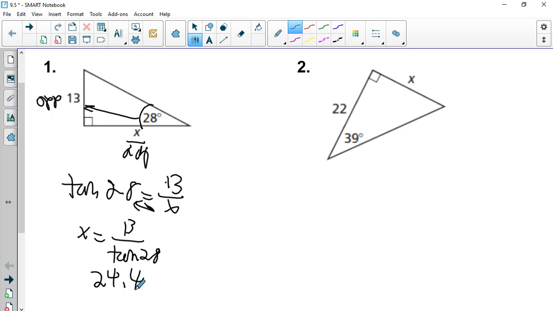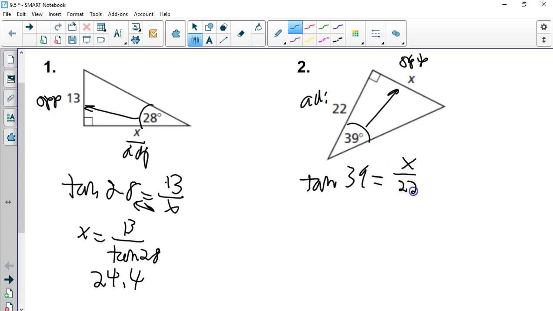Okay. On number 2, here's my angle, opposite, adjacent. So tangent of 39 is opposite over adjacent.